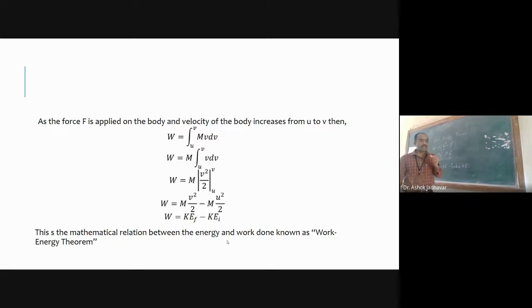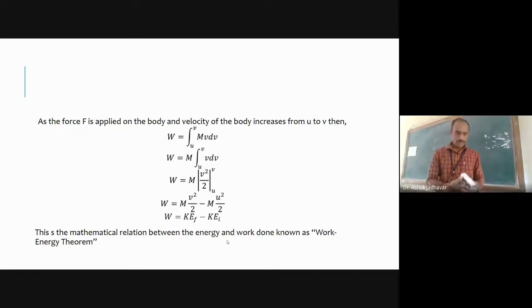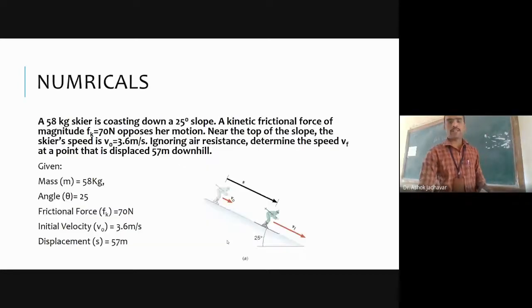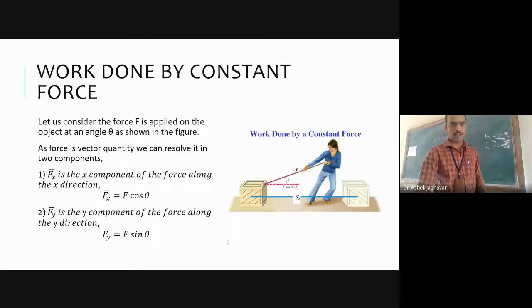And in today's lecture, we have seen the work energy theorem, and it tells us that total work done is equals to the change in the kinetic energy of the body due to the applied force. Do you have any doubt regarding today's lecture? No, sir. Okay, good. In the next lecture, we will discuss some numerical problems on the basis of this theory that we have discussed here.